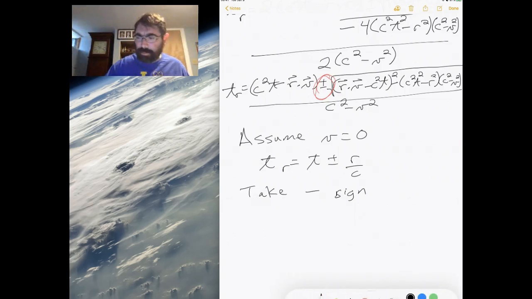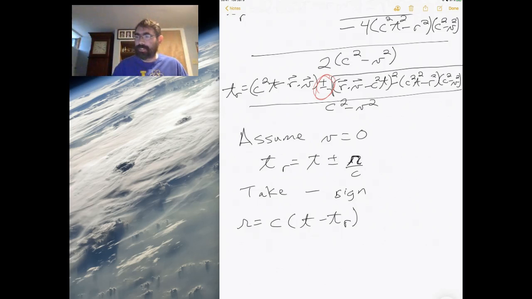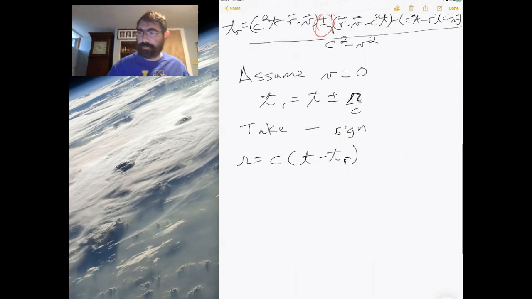And what we would get is script r is c times t minus t_r. Sorry, this is a script R right here. And what we would get is R hat is equal to R minus v t_r over c times t minus t_r.